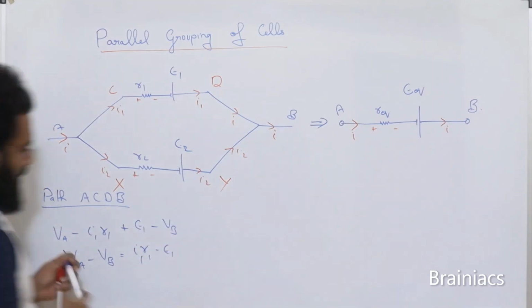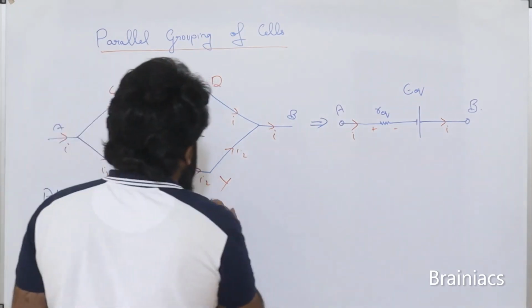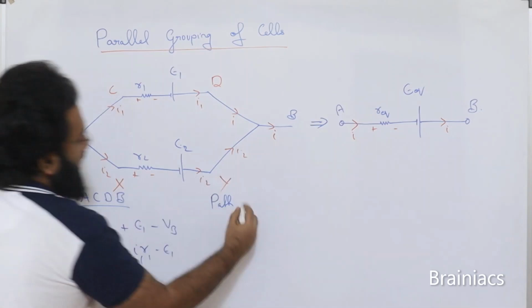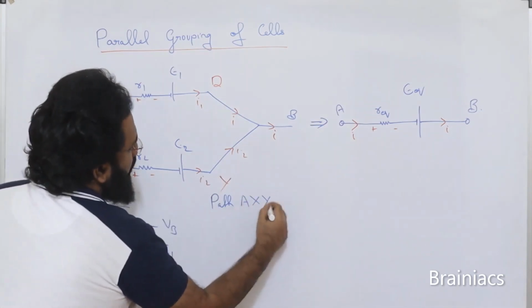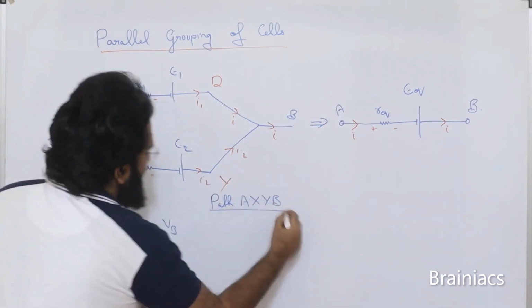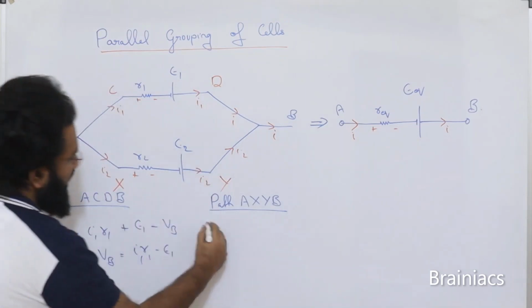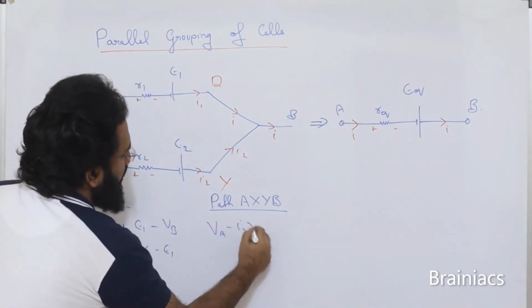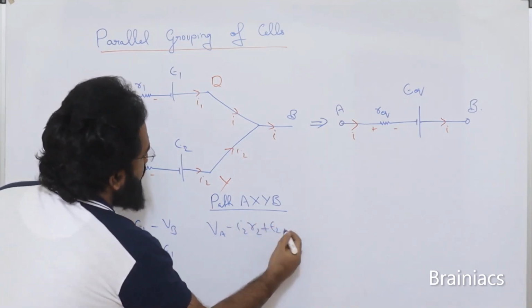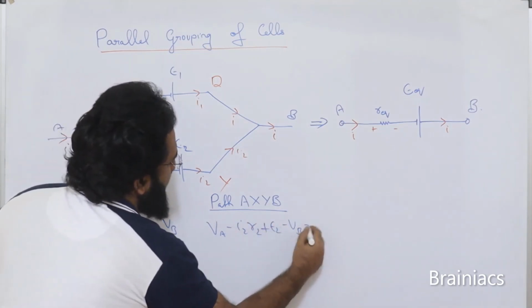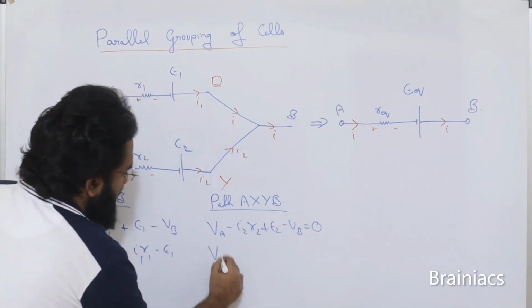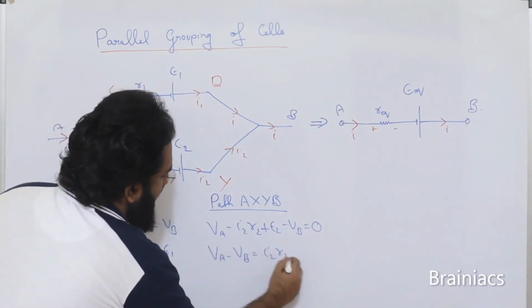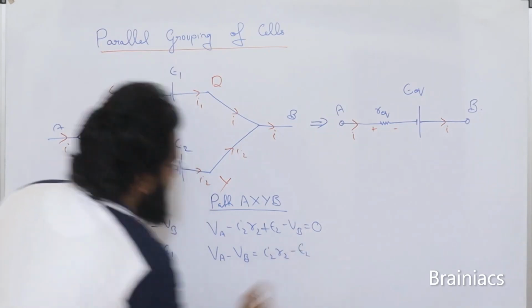Clear? Now next we will consider path AXY, B. Okay, so same way, VA minus I2 R2 plus E2 minus VB is equal to 0. So VA minus VB is equal to I2 R2 minus E2. Clear?